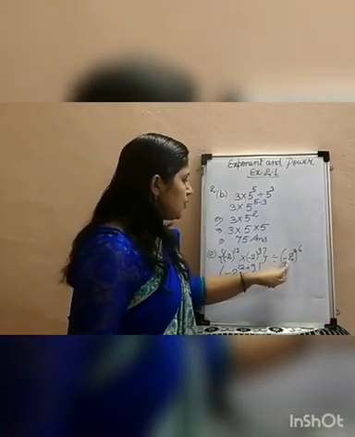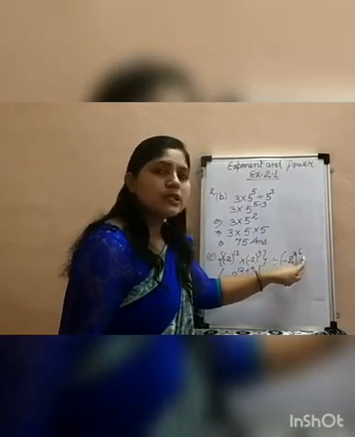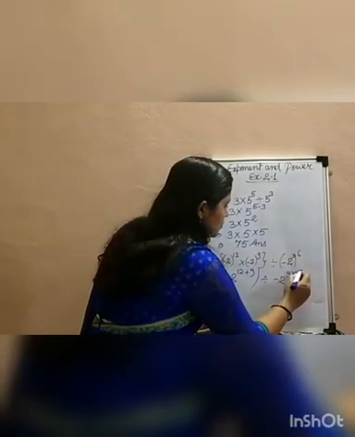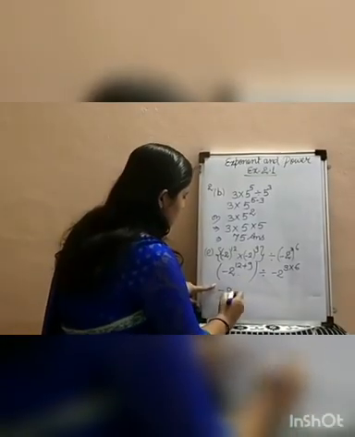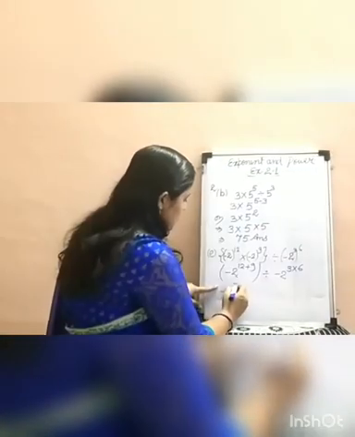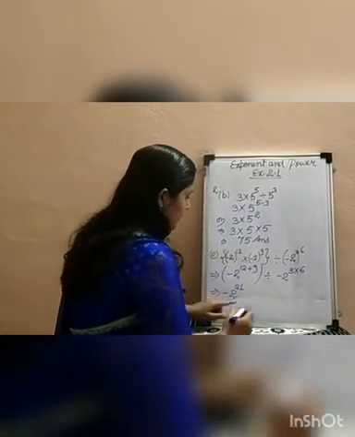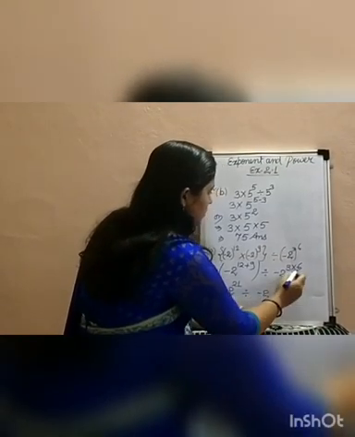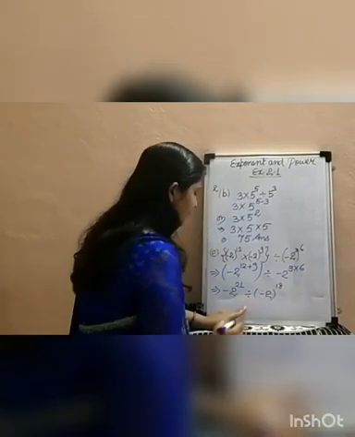And I told you, if minus 2 raised to the power 3 to the whole power 6, we will multiply those numbers. So 3 into 6. Now minus 2, 12 plus 9 equals 21, and divided by minus 2, 6 3s are 18.